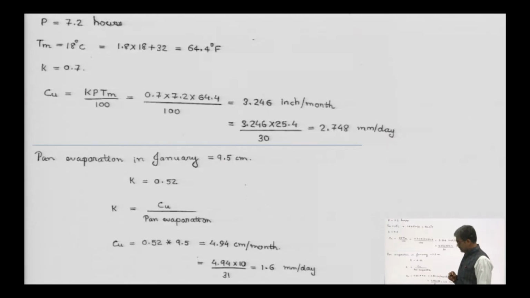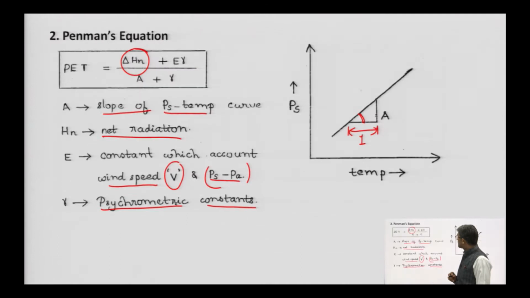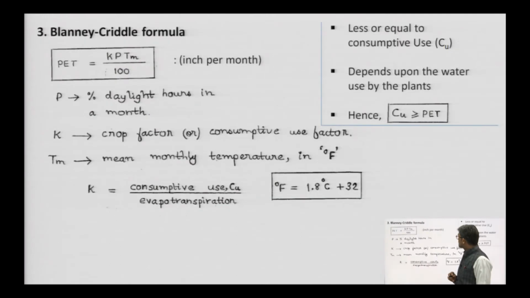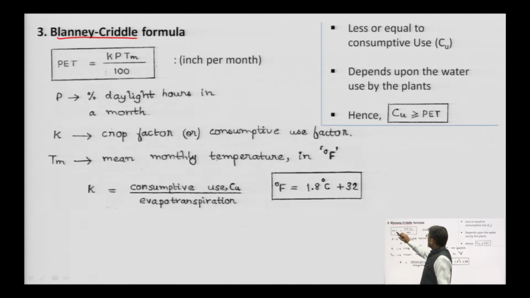Let us come to the next formula, that is given by Blaney Criddle. He gave potential evapotranspiration as K into P into T m. What is K?